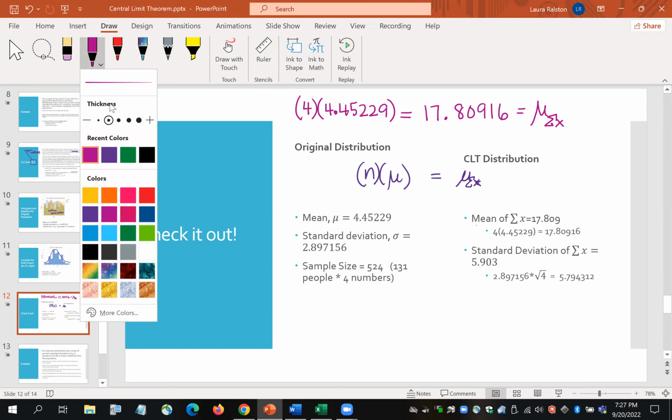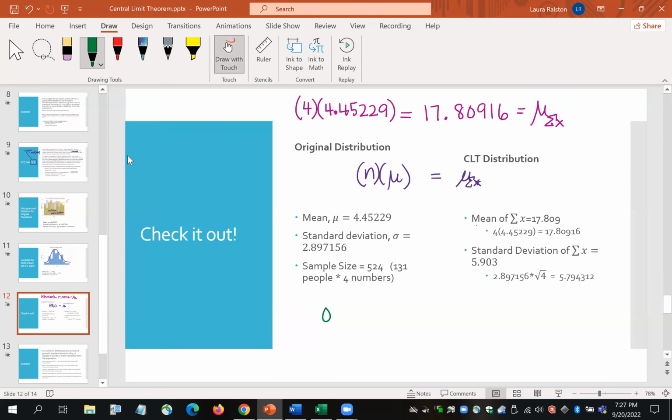For the standard deviation of the sum, it is the original standard deviation times the square root of n. So in this case, we would have 2.897156 times the square root of 4, which is 2.